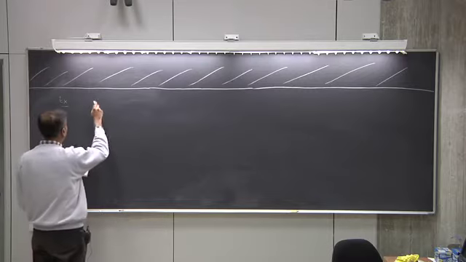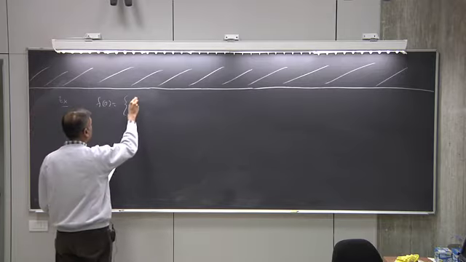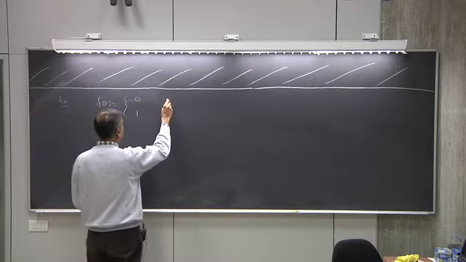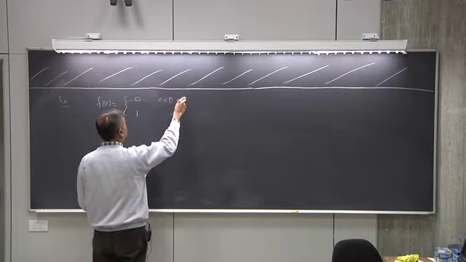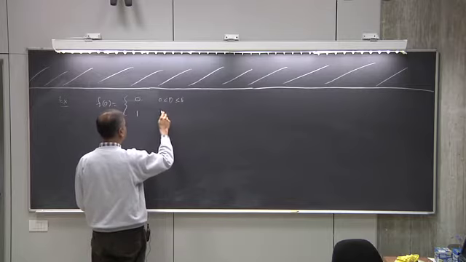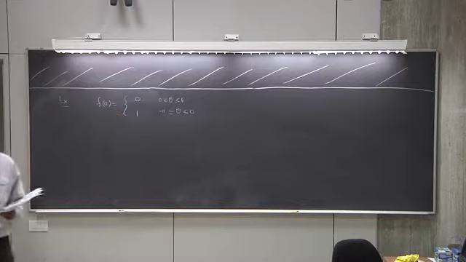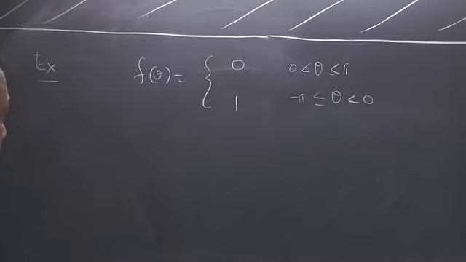So the example was f of theta equal to 0 and 1. The range was between 0 to pi, and here it was minus pi. This function is discontinuous, as you can see.